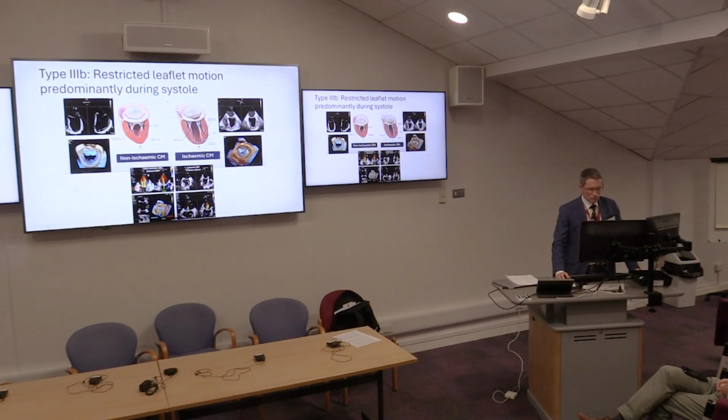You can see more central jets when you've got a non-ischemic cardiomyopathy, so you've got LV dilatation for other reasons. And again, that's where there isn't a true abnormality of the mitral valve leaflets themselves, but because of ventricular dilatation, that results in secondary mitral regurgitation.